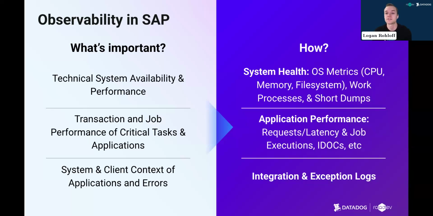So making sure that the systems are not only available, but behaving in a way that allows important business processes within them to carry out their functions. And this typically comes in the form of operating system metrics, work processes, and short dumps generated by errors that happen within the system.